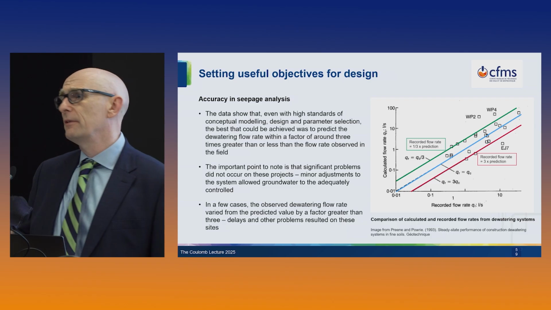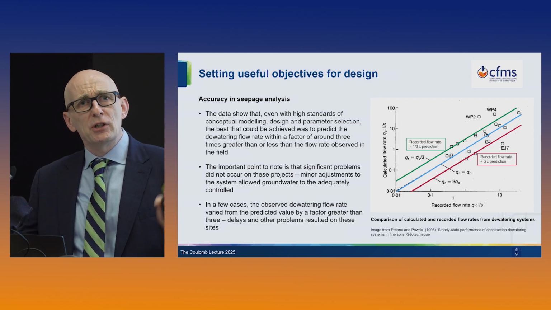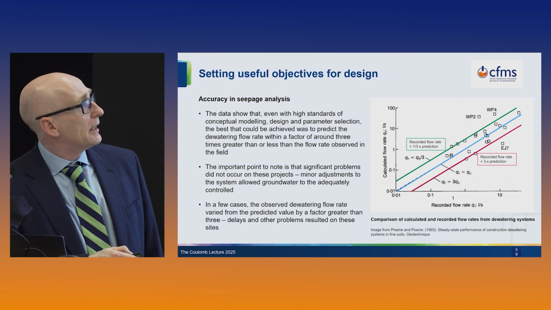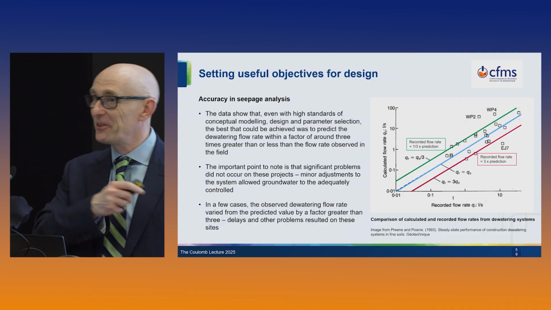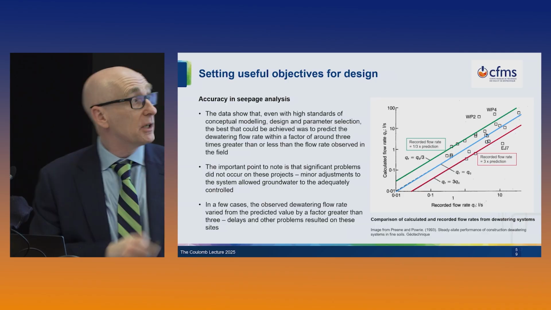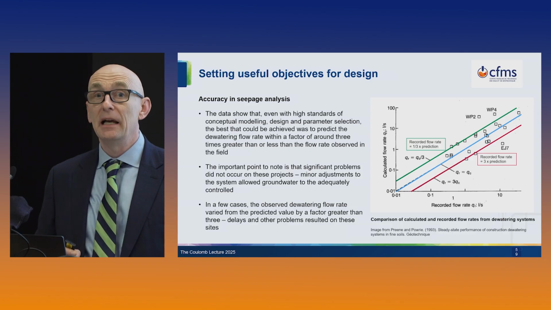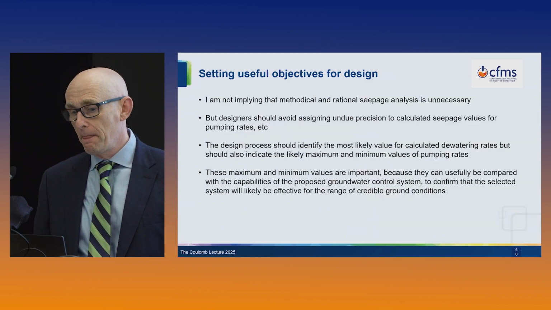There had to be some minor modifications to the system, but essentially our seepage analysis was accurate enough not to cause problems. The few cases outside, in the original paper, even merited getting a number so that you could refer back to them. They were worth discussion because there were problems on them. But it does show how precise seepage analysis is not a prerequisite of success.